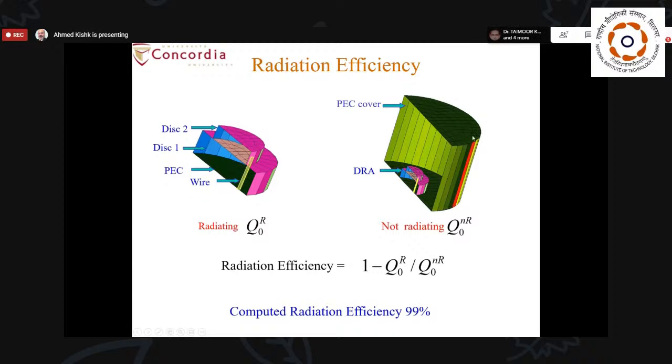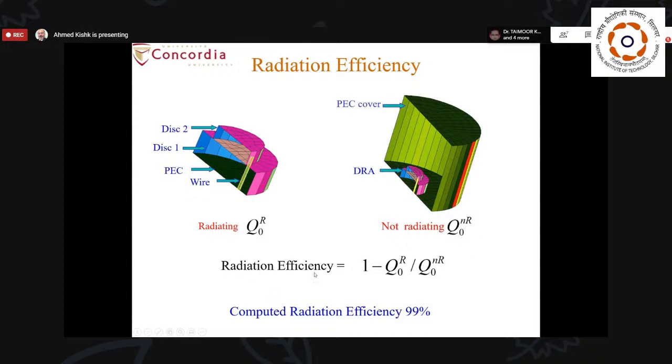But we do another measurement where we prevent it from radiating. We shield it with a conducting cavity as such. That means it is not radiating, and if I measure the reflection coefficient, you find that the contribution is coming due to the losses in the dielectric, from which we can calculate what we call the non-radiating Q factor.